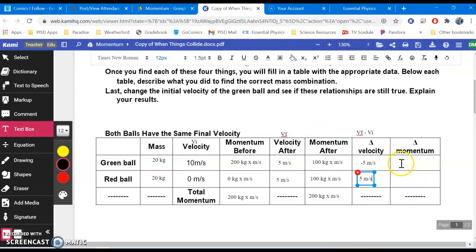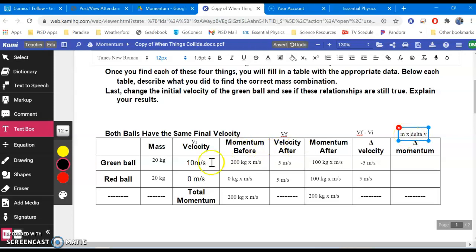So the change in momentum for this one would be, you could do 100 minus 200, which would give you a negative 200. The other option is what we've talked about before, which would be mass times delta V. Sorry, I can't make a delta here. Mass times delta V, or change in velocity.